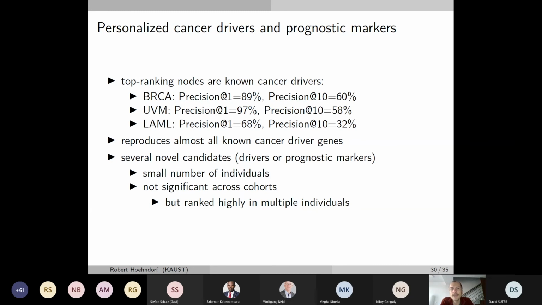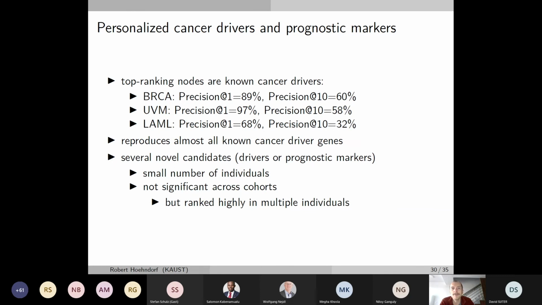In uveal melanoma, we almost always identify a known cancer driver as the top node, less in the top 10. So here it drops a little bit more, but mainly because there are fewer nodes, fewer genes, which are implicated as drivers in uveal melanoma.